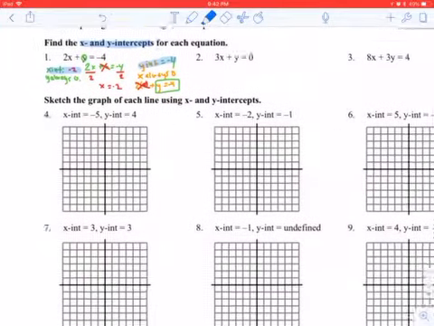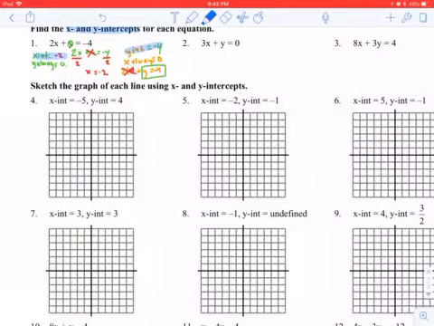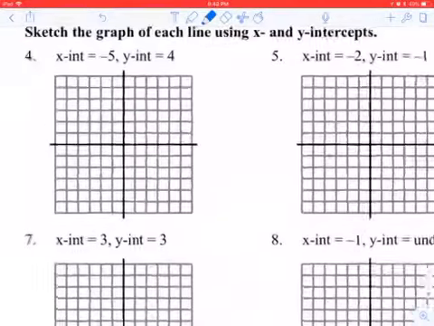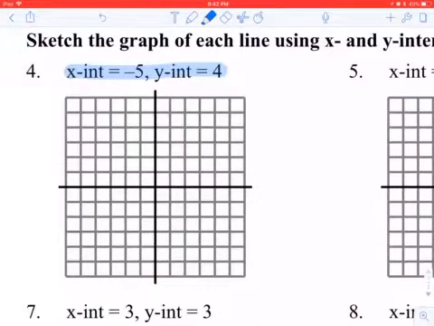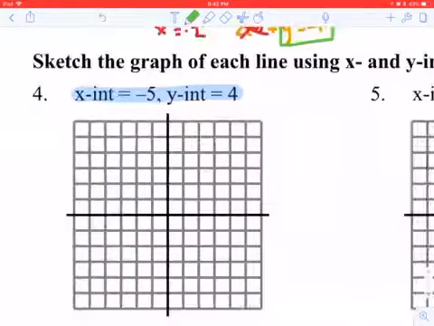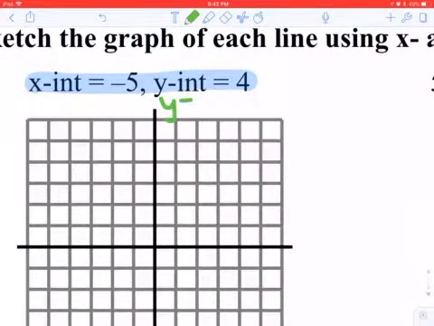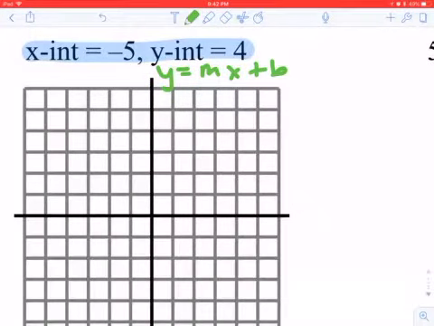The reason those are so important is if you have those two, you can graph how your graph is going to look. For example, number 4, you had to graph each line using just these two pieces of information. Let's start with your y-intercept. Remember y equals mx plus b. B is your y-intercept, and for b we go up or down depending on whether the number is positive or negative.